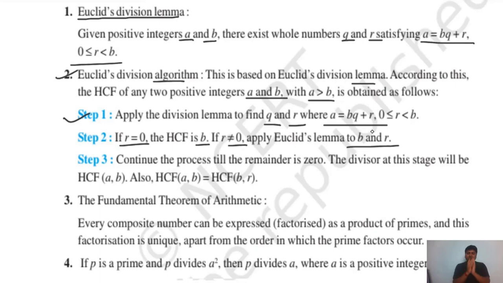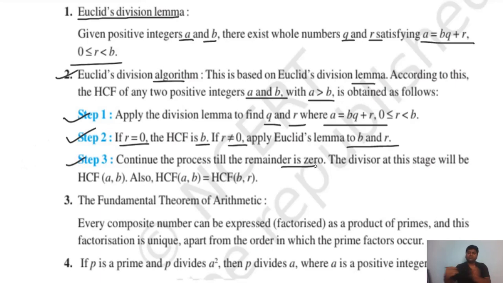So in this step 2 we already discussed: if r equals 0, then b divides a, so b is the HCF of a and b. But if r is not equal to 0, then we use Euclid's division lemma for b and r. Continue this process till the remainder is 0.